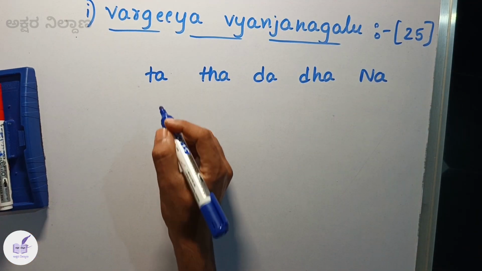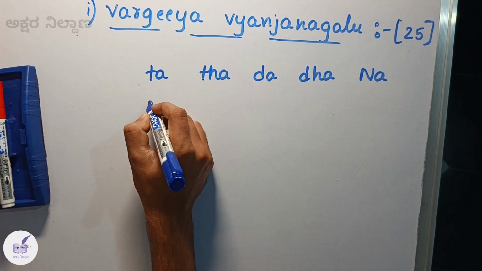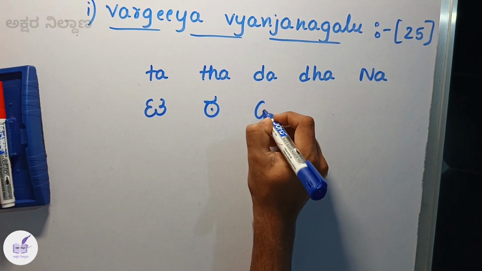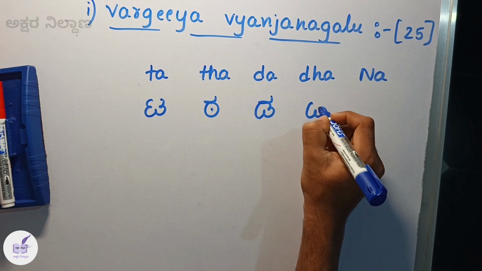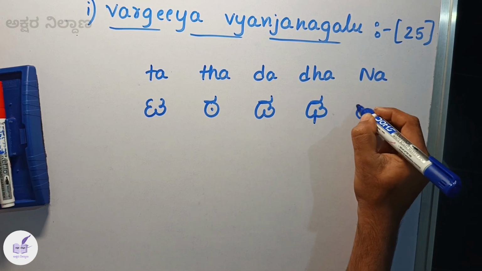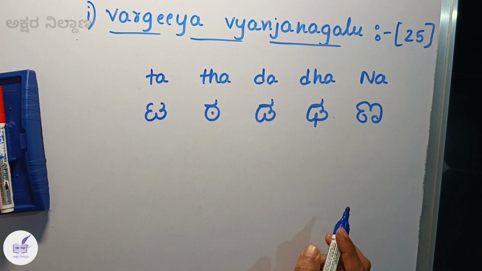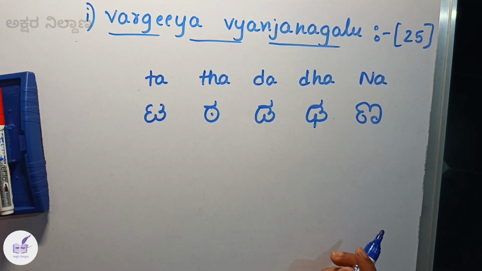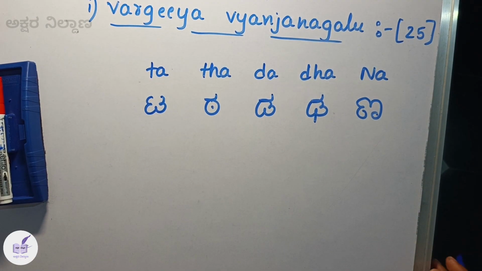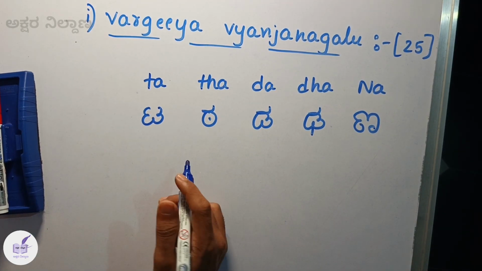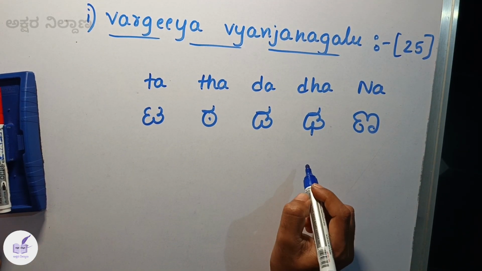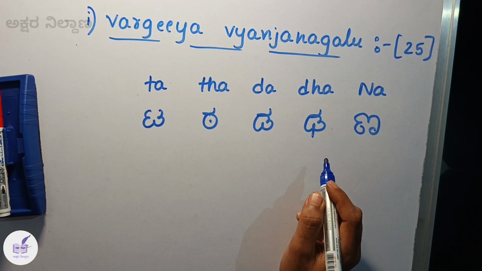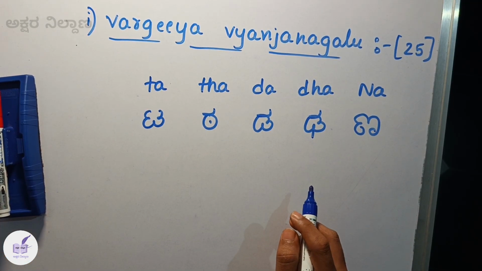Look at the letters: ta, tha, da, dha, na. How do you pronounce them? The tip of the tongue touches the upper palate.